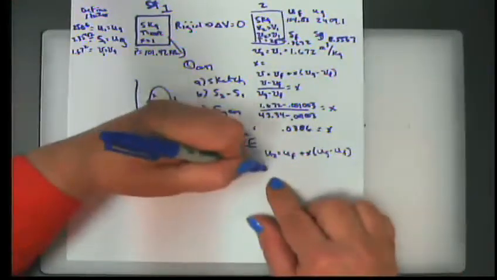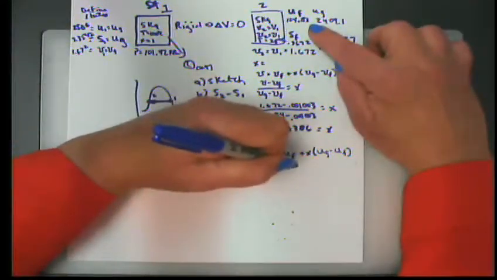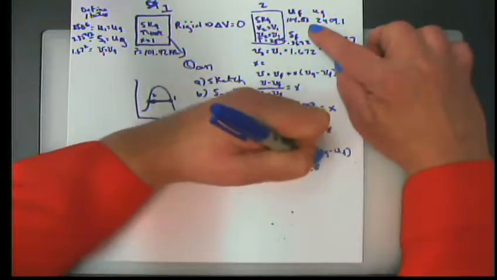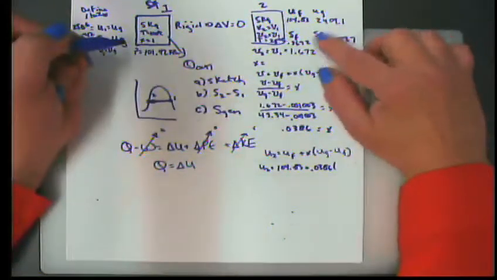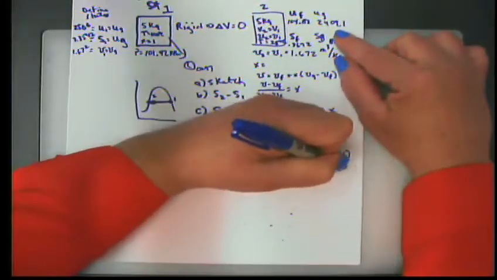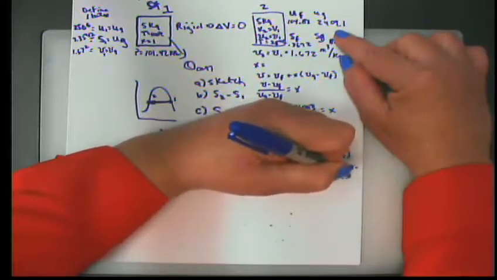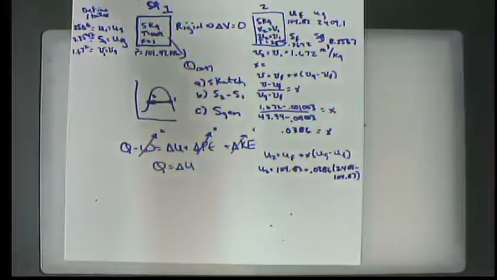So right here, u sub 2 is equal to 104.83 plus x, which is 0.0386, times u sub g, 2409.1, minus 104.83.